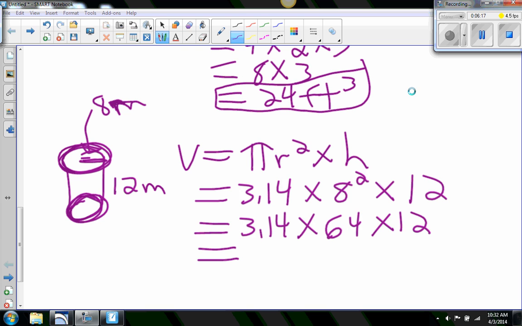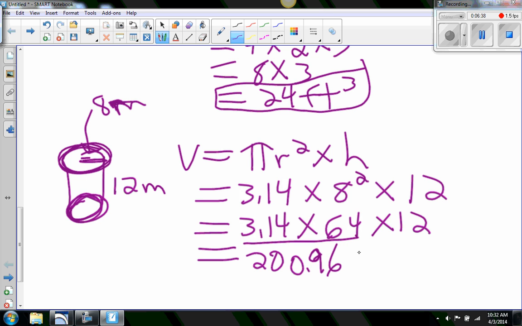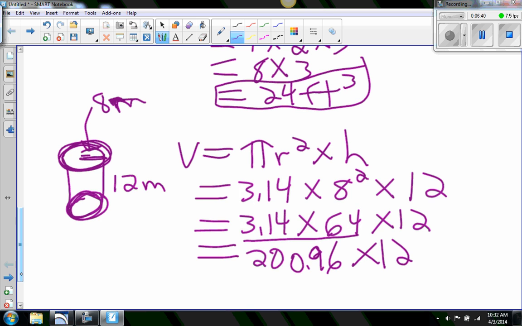So then I'm going to take my 3.14 times 64, and that is 200.96. All I did was take these two times each other, and then times 12.